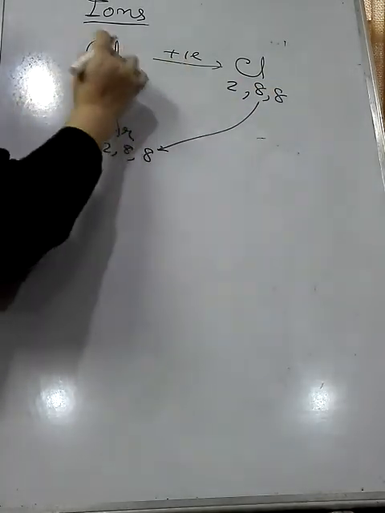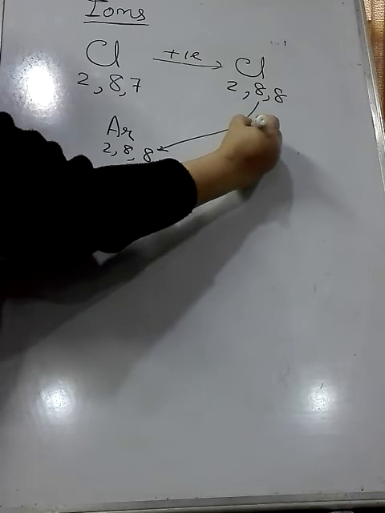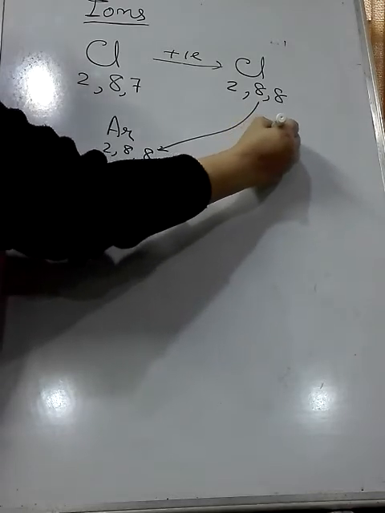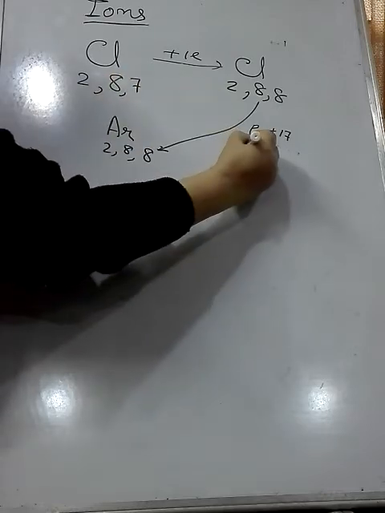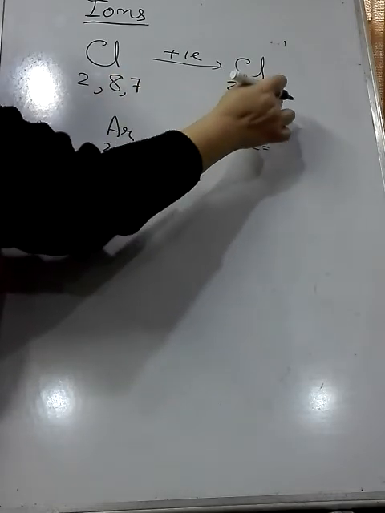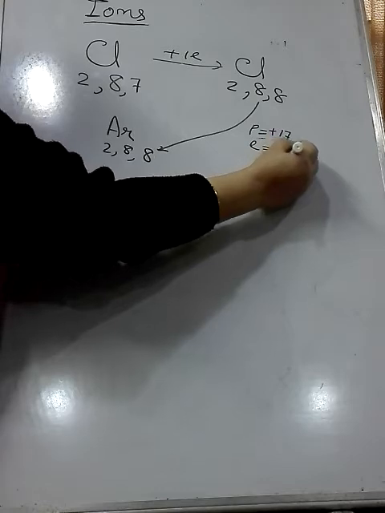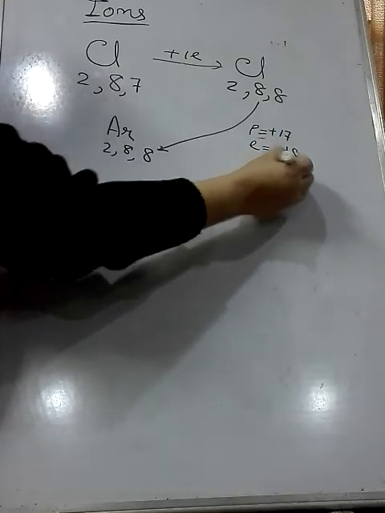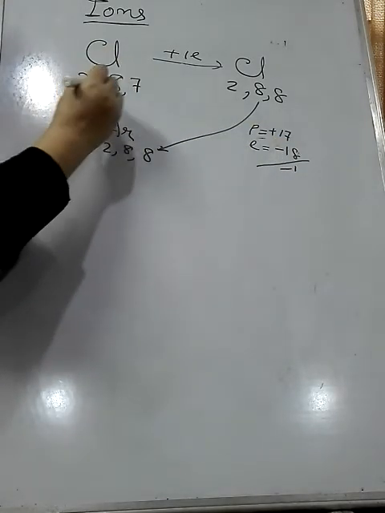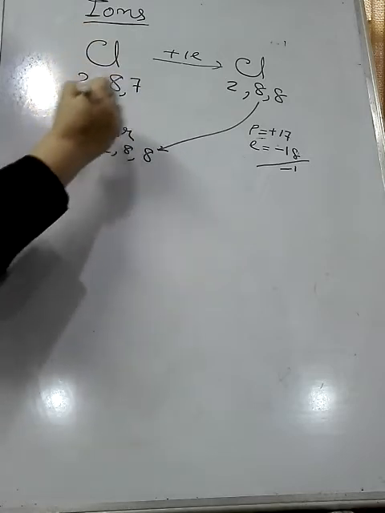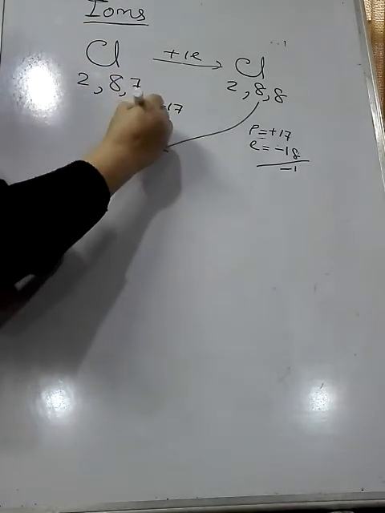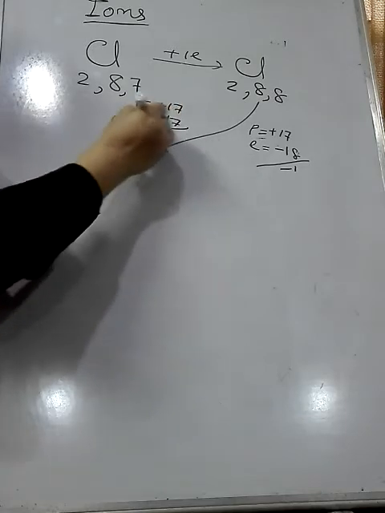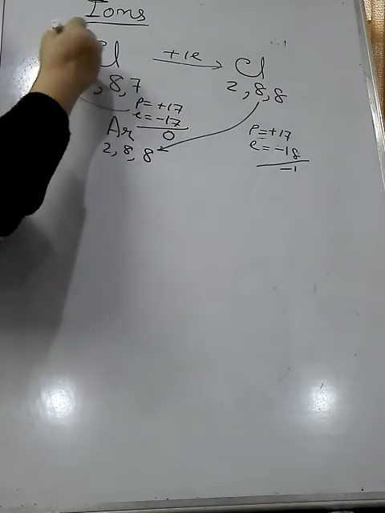But what happened here? In chlorine, the number of protons is 17, +17 inside. And the number of electrons is now increasing by 1, so -18. So the net charge will be -1. In the neutral atom, the proton is +17 and the electron is also -17, so the net charge is 0 and it is neutral.